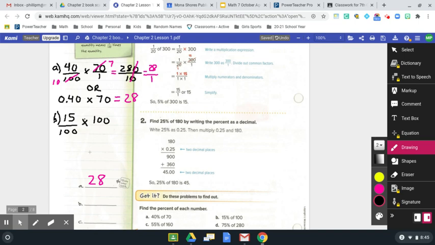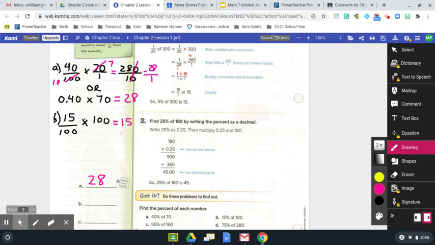What do you notice about this problem? 15% of 100. Are you seeing it yet? Well, if it's out of 100, shouldn't it just be 15?